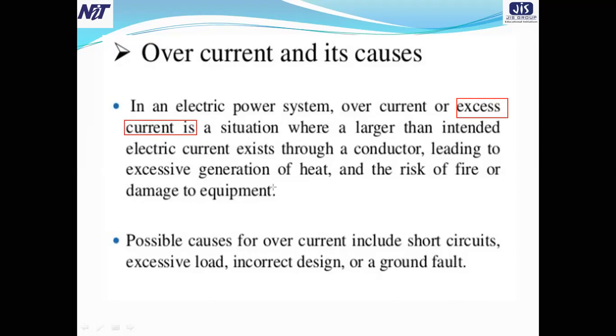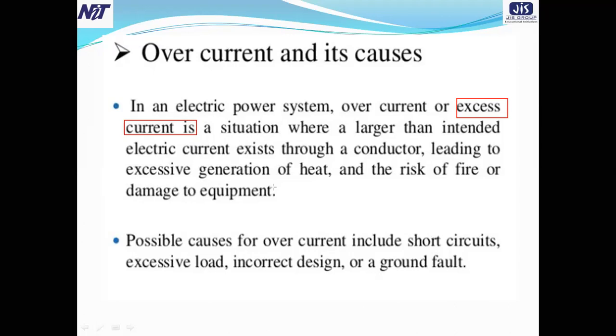So overcurrent is basically a very excessive current flowing through the conductor, leading to excessive generation of heat. Due to the flow of this overcurrent, excessive heat is generated inside the conductor, or in any electrical or electronic devices connected to it, and there is a risk of fire or damage to the equipment.